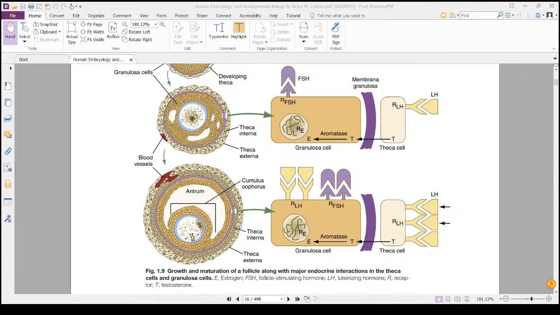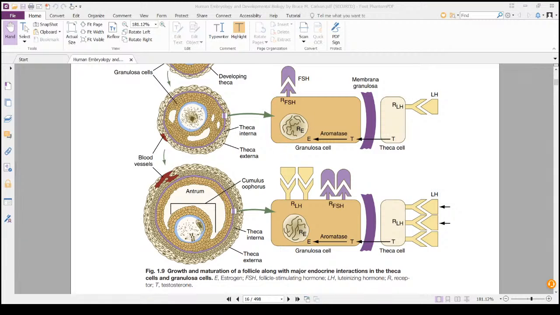I'll just explain it to you. You can see here: when LH binds with the LH receptor on the theca interna cell, it produces testosterone, T. This testosterone passes through the membrana granulosa cells.